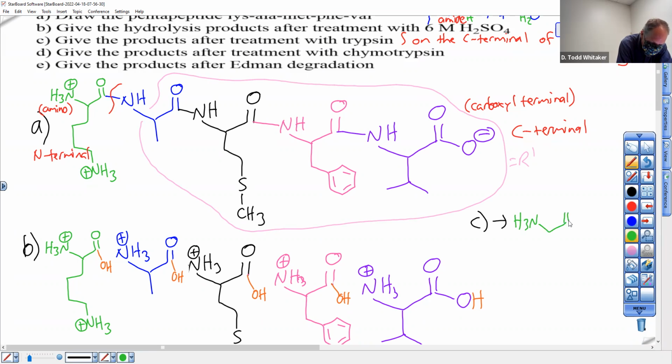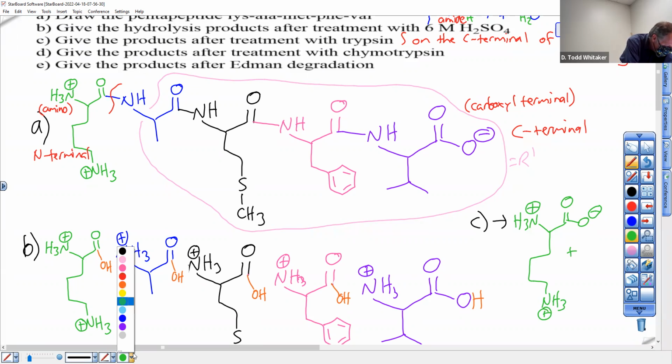H3N, CO minus. There's no pH conditions listed. So just copy the handout there, and plus R1 attached to NH3 plus.